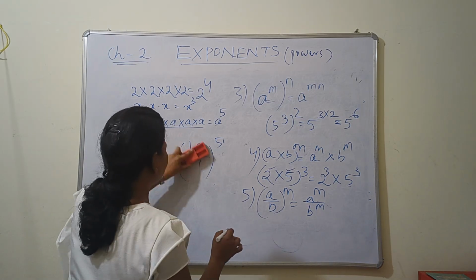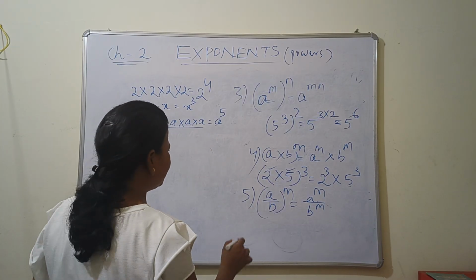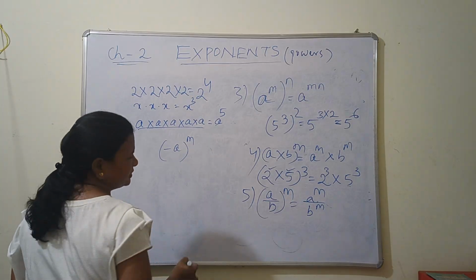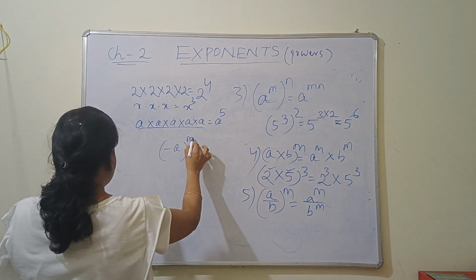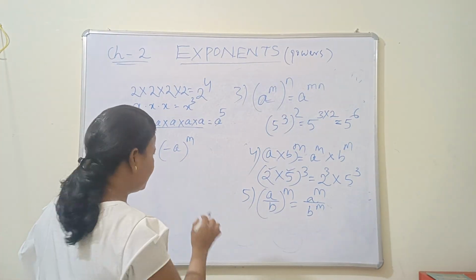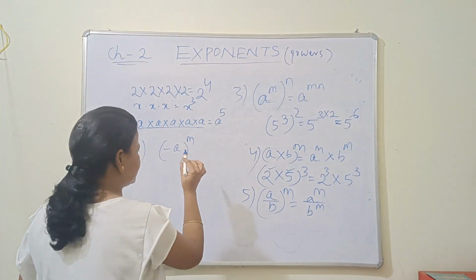After this one thing we will get to know is that if a number is negative, suppose minus a whole to the power m is given. Just imagine this m is the power of a base which is a negative number. This is law number 6.